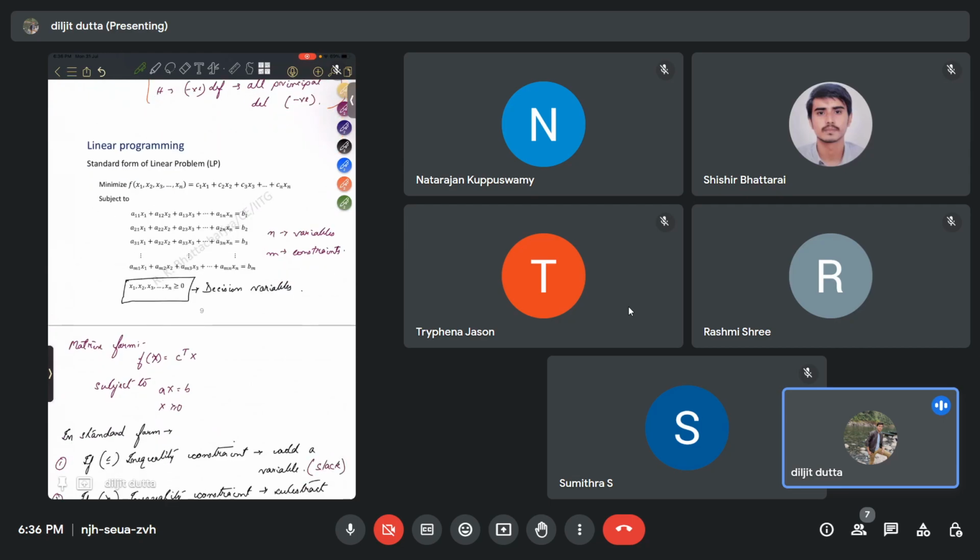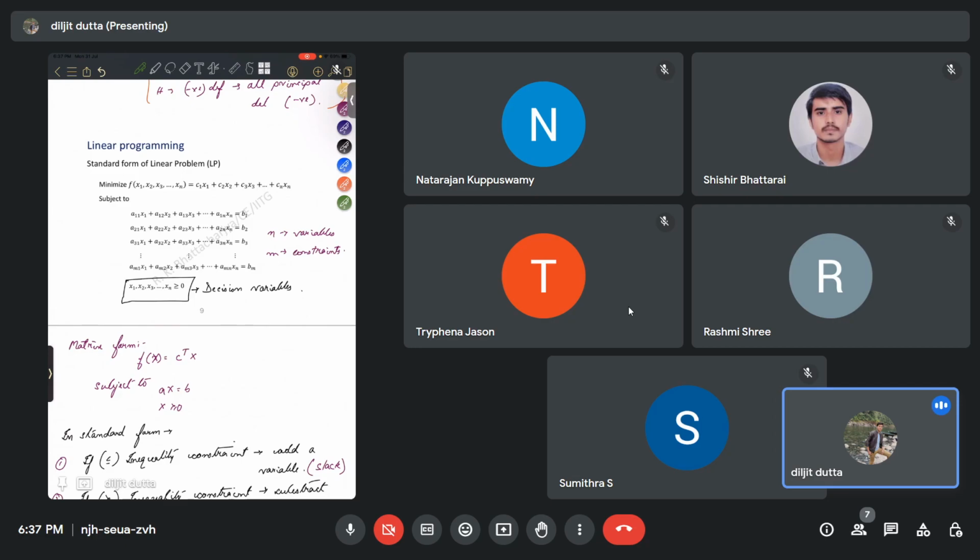While discussing operations research at the start, I said there are different methods for solving optimization problems. One of the methods is linear programming. In linear programming, the main theme is that the objective function, the constraints, and the decision variables are all linear.